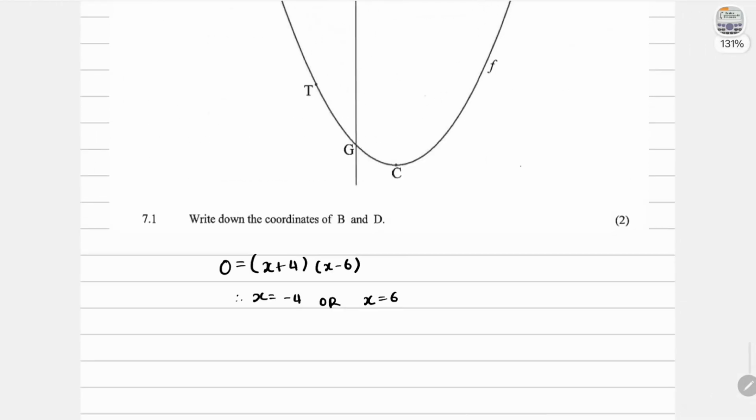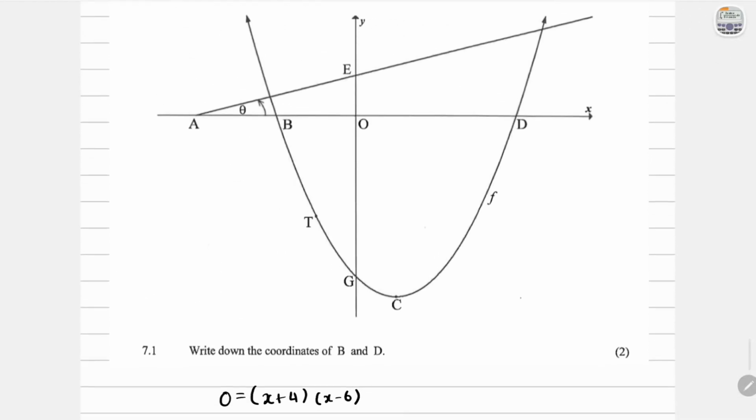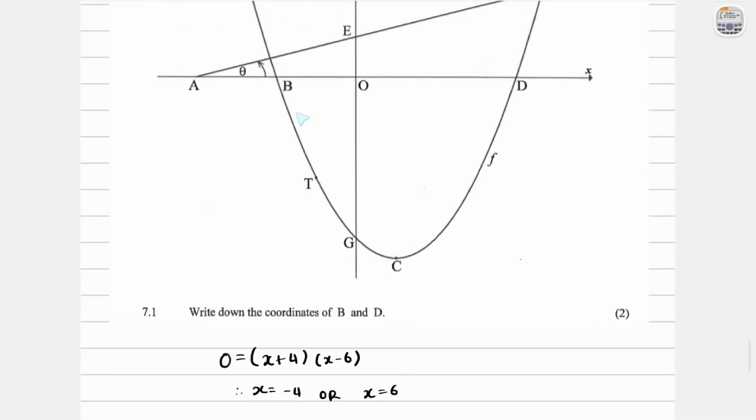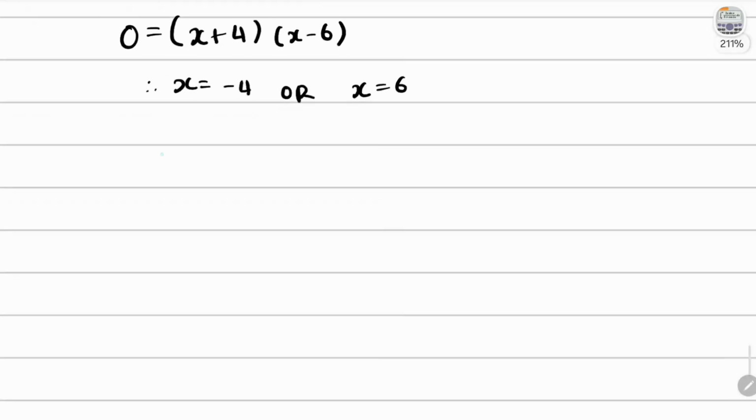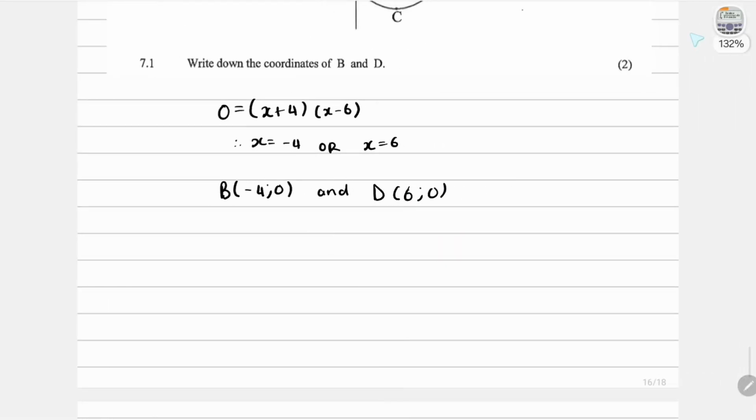They've already factorized it for you. So just point out which is B and which is D. B is more to the left, so that's the negative 4. And D, that is the positive 6. So we'll just tell them that B is negative 4 and 0 as an x-intercept, and D is 6 and 0. And those are our answers.